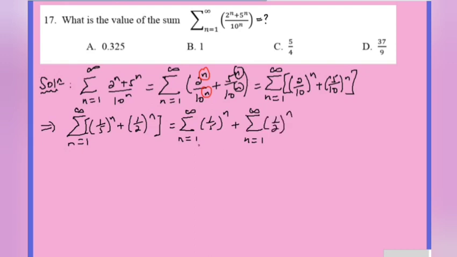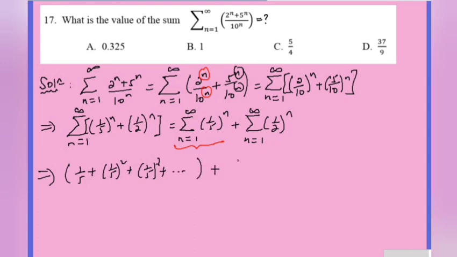Now we can rewrite the first one, in one bracket, as 1 over 5 plus 1 over 5 squared plus 1 over 5 cubed, and so on.